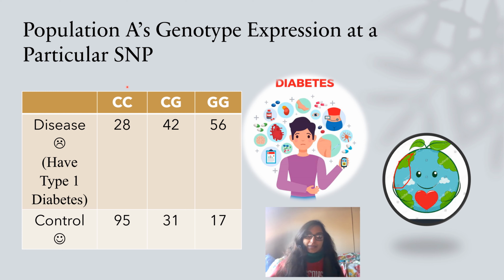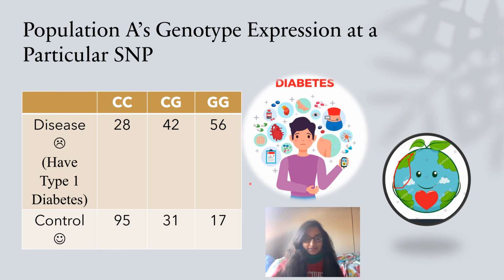We found that 28 people have CC here and they have the disease. 95 people have CC, but they do not have the disease, so they're controls. So basically the most important thing is that it's a case control.